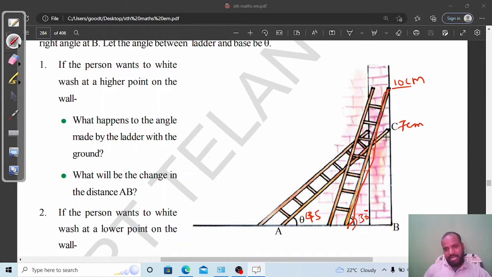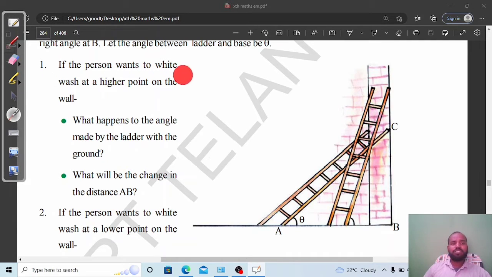So when the slope is increasing, the height is decreasing. You can observe this. With the same ladder, the ladder length is the same, but the angle of elevation is different here. So we will go with the text once. What is the text given here? So we go with the text.